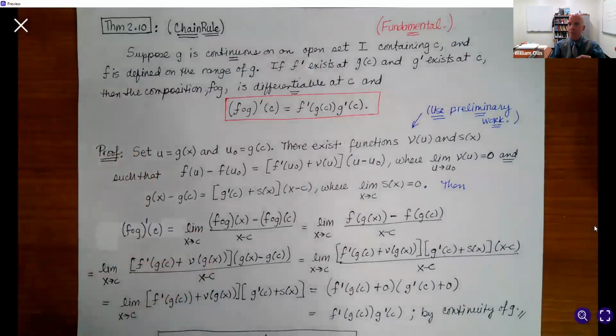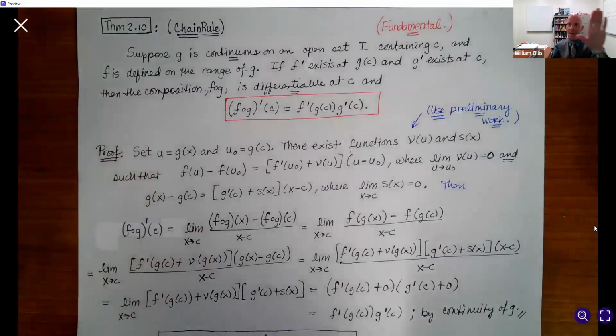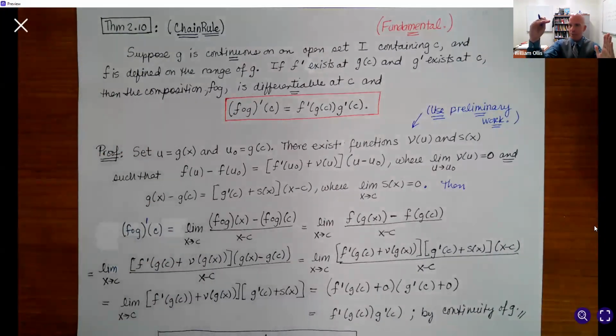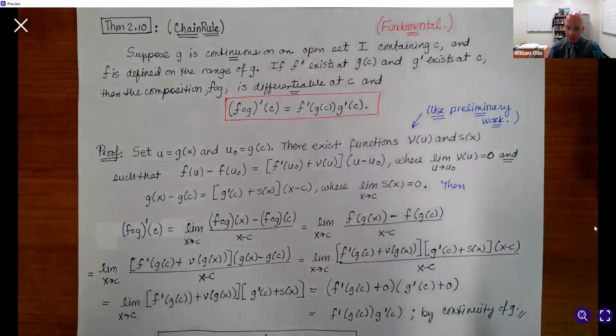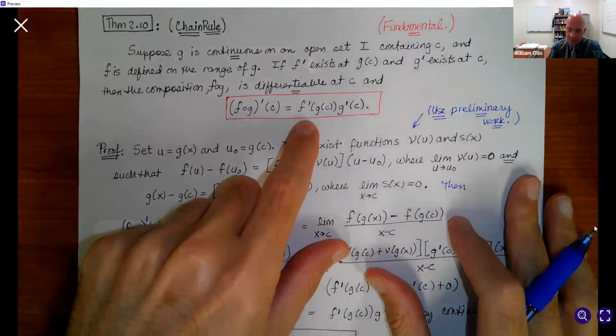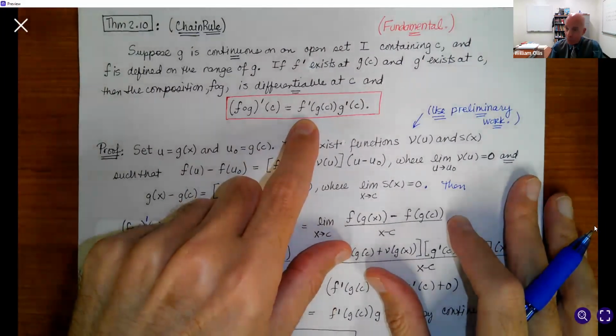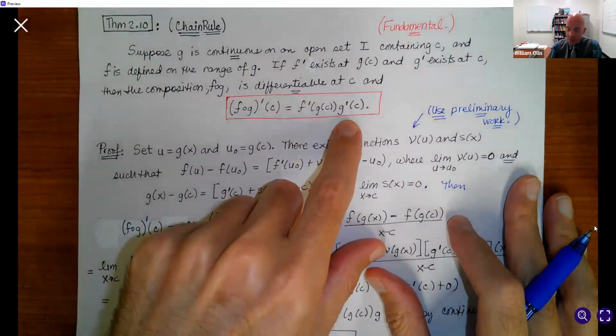We've got this great power rule that says we can bring the power down as a coefficient and subtract 1. That's what we've been doing. And now the chain rule will say, add the additional factor of the derivative of the inner function. So again, think of this as the derivative of the outer function times the derivative of the inner function.